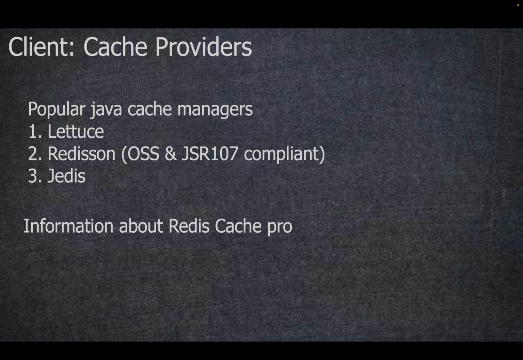So the Spring cache annotations are similar to the JSR. And you can use JSR annotations also if you put a JSR compliant cache provider on the class path. So essentially, if you go for a Spring cache abstraction, you can switch any Redis client. You can swap one Redis client with another.